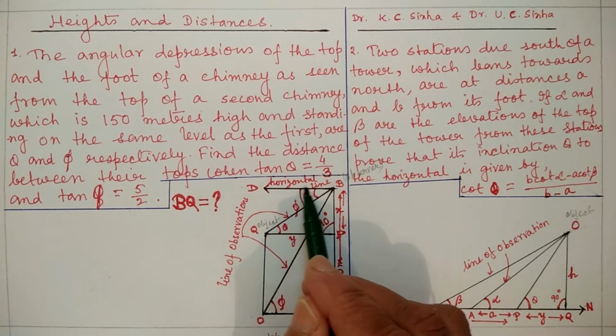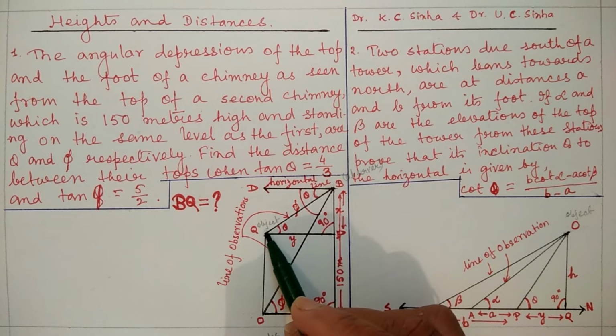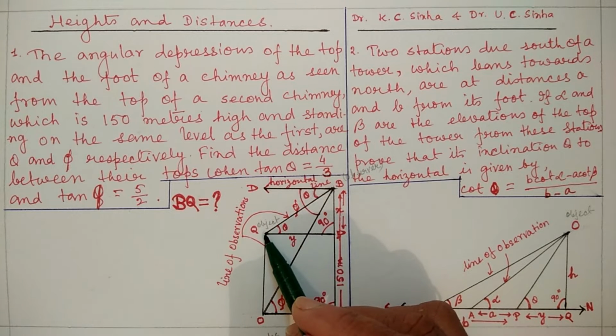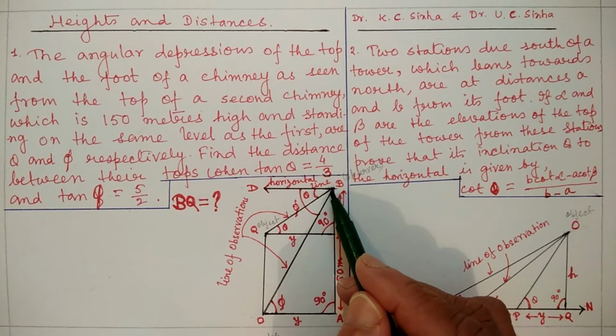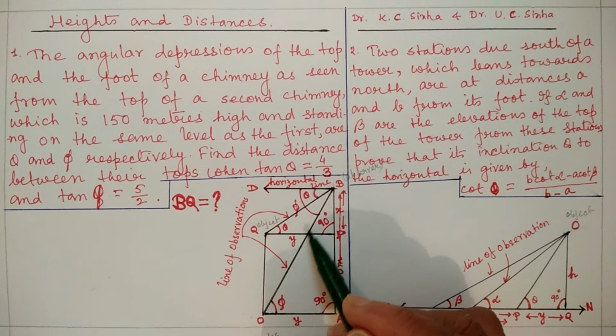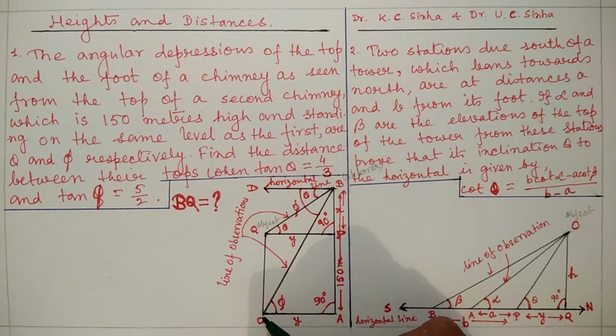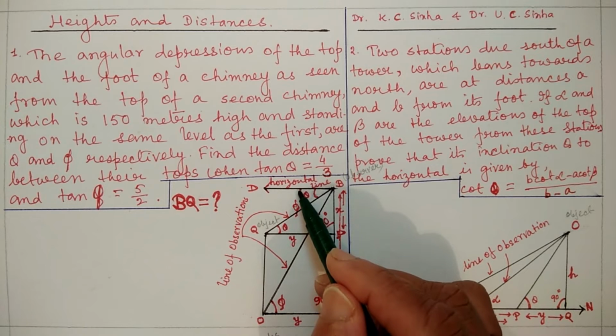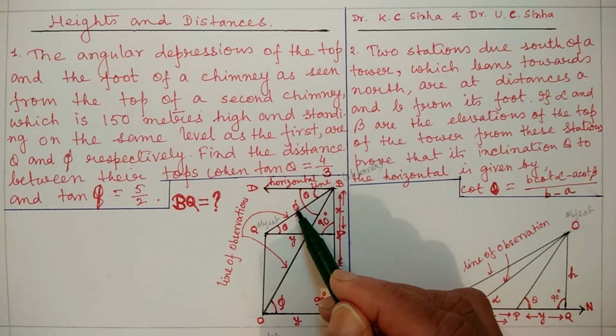Between BD and BQ, the line of observation, this angle will be theta, the angle of depression for the top of the first chimney. And between the horizontal line and the line of observation for the foot of the first chimney, this angle will be phi.